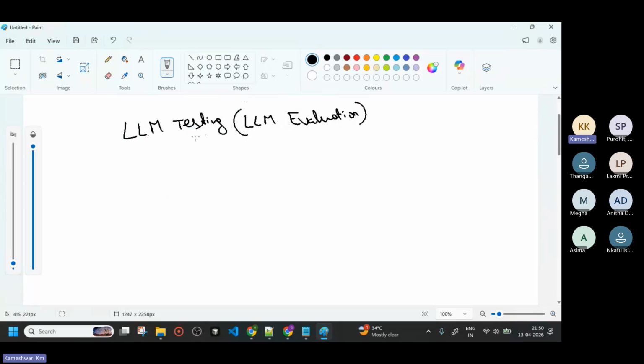Normally, why it came into the picture: if you have asked one question to ChatGPT, how much are you confident that it is giving the correct answer? If you don't know anything, tell me one thing, how confident are you? Yes, please respond.